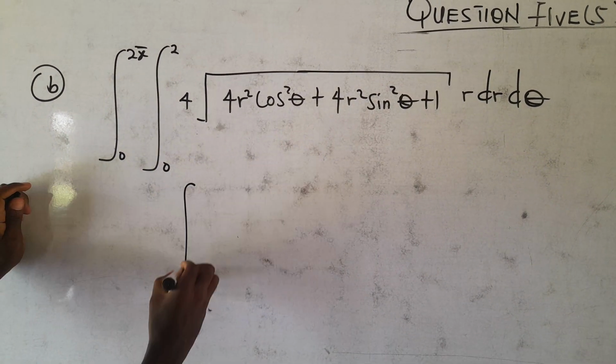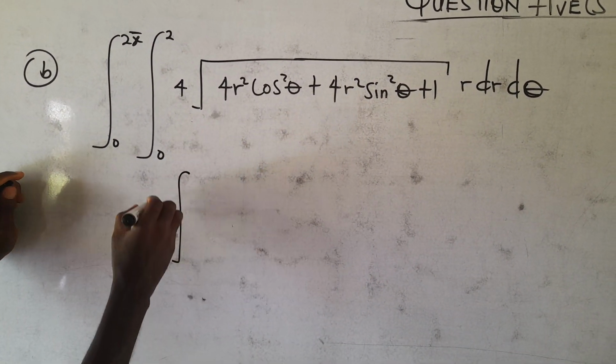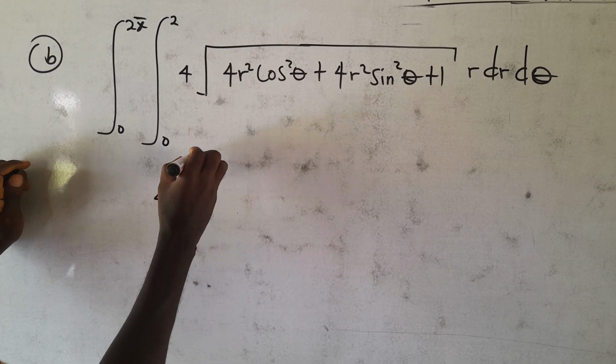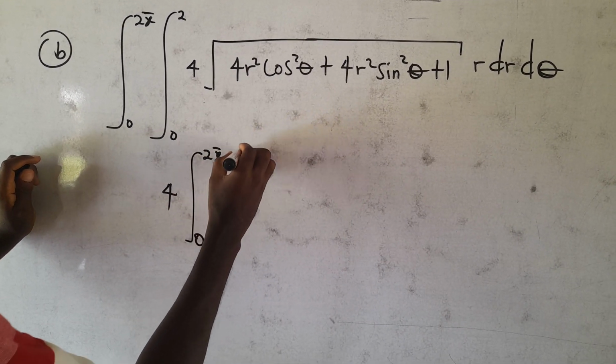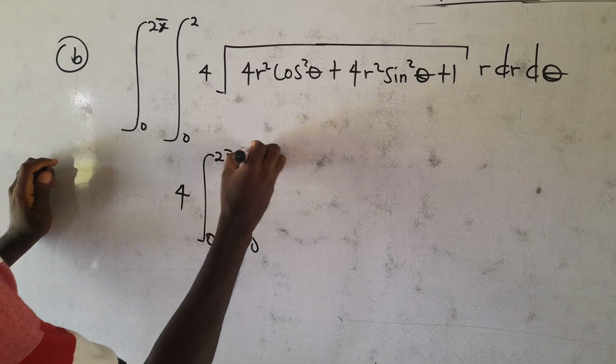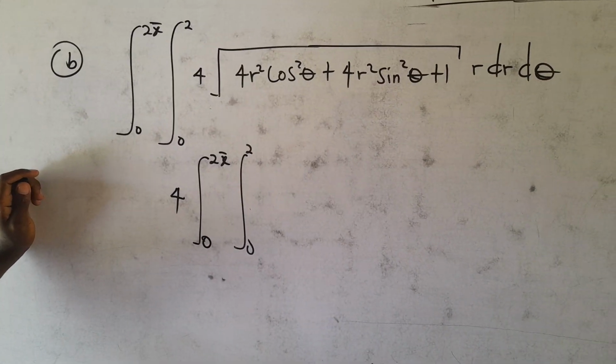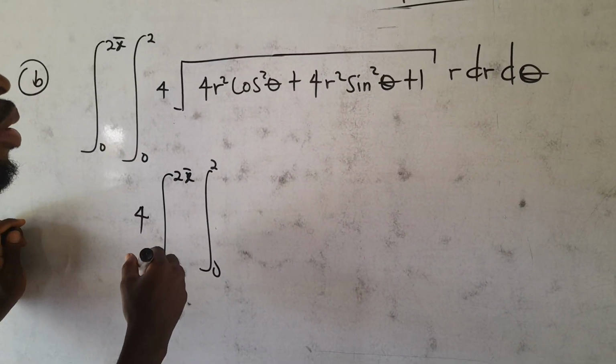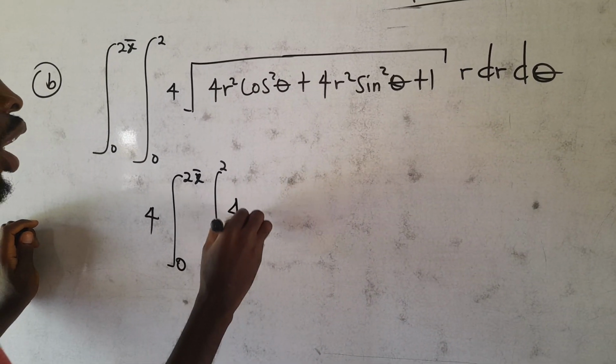So we can resolve this as 4. Since the 4 is constant, I will bring it outside. Then 0 to 2 pi, then 0 to 2. You see that 4r square is common, so I'll bring 4r square out.